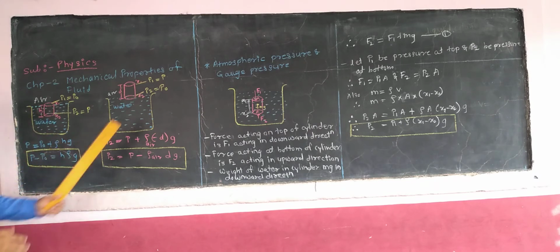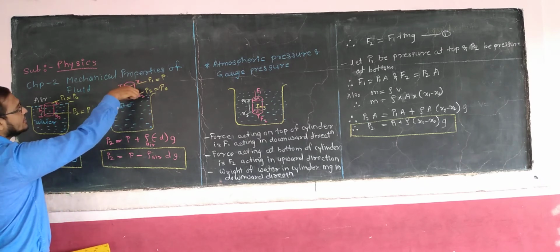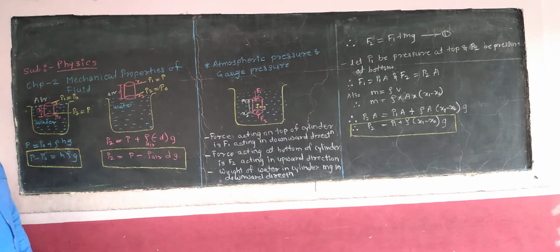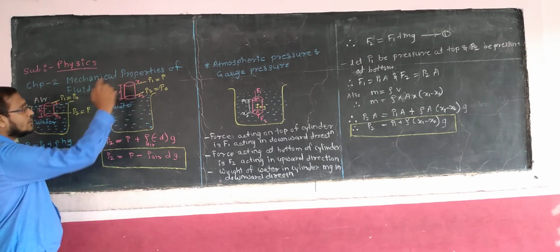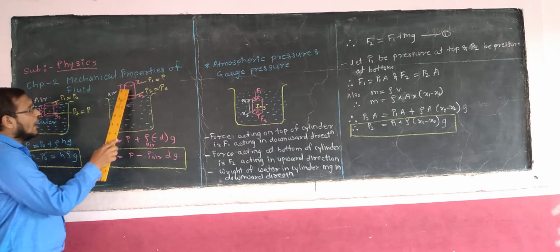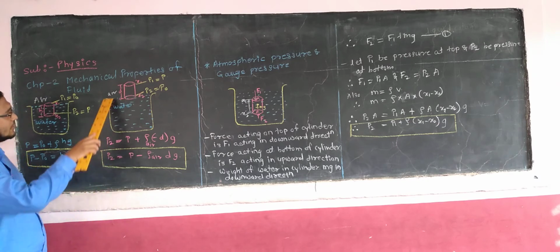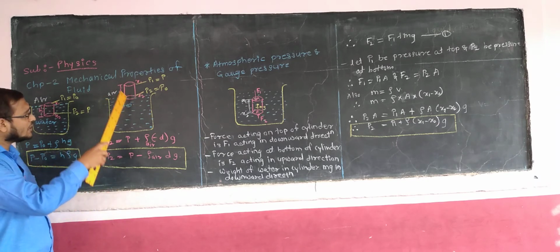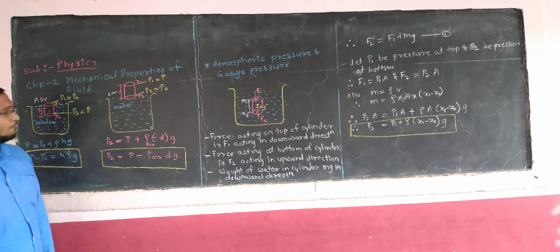Now the second condition. What is the second condition? The vessel is on the surface of the water. As it is on the surface of the water, the upper part is in the air and the lower part of the vessel is subjected to the pressure and the force applied by the water inside the beaker.